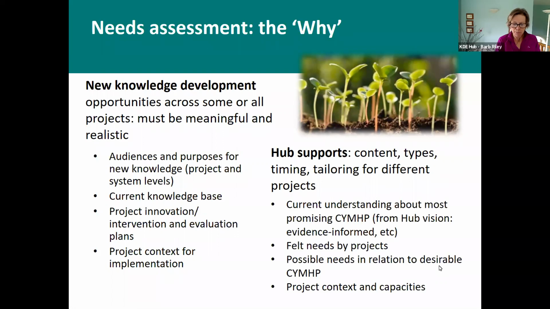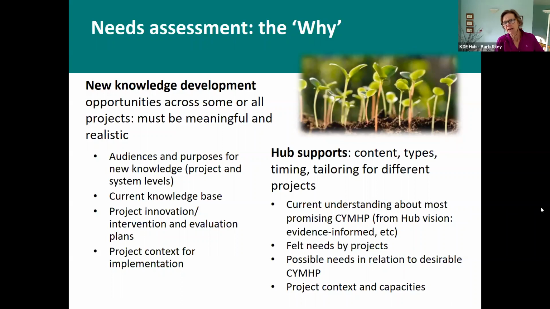For the hub supports, we've got another set of inputs. One is, we start with what we know right now about the most desirable, or what's promising for child and youth mental health promotion. All of you would have seen, but I wouldn't expect you to necessarily remember it all, all of those different features that are part of the hub vision.